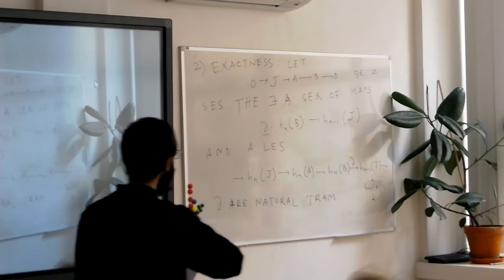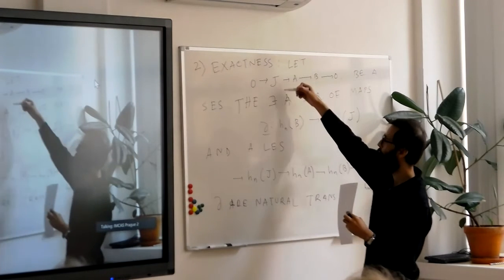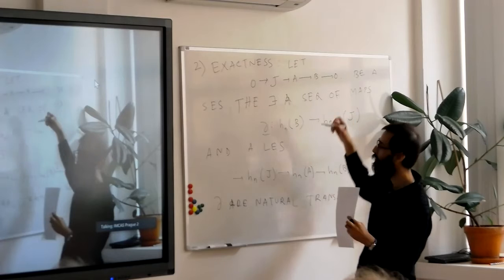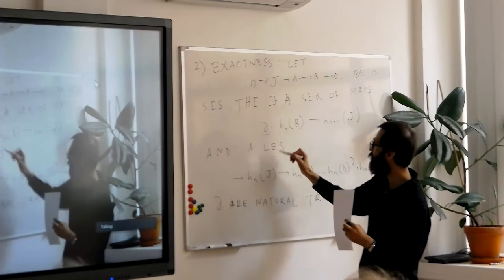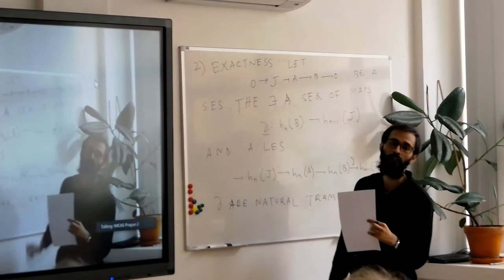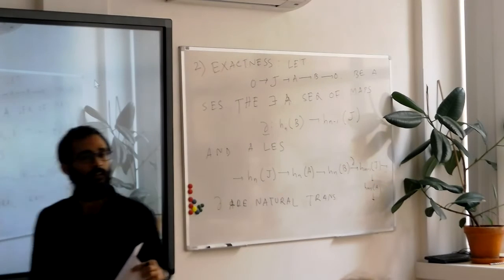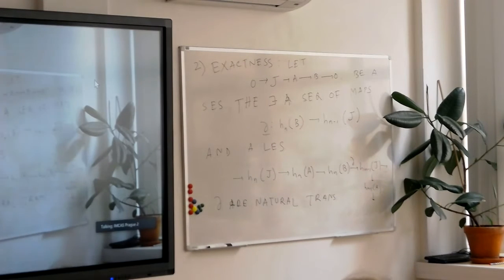So if you have another one below it, 0, J prime, A prime, B prime, with down arrows, then you should get a delta prime and this diagram commutes. Sure, it's a natural transformation. And then you're asking that for any exact sequence, the long sequence that's produced is exact. Exactly.